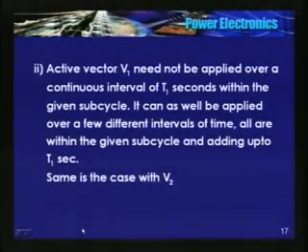And what is the second observation? I said active vector V1 should be applied for T1 seconds and vector V2 should be applied for T2 seconds. I am not saying that V1 should be applied in a continuous interval of T1 seconds within a subcycle.